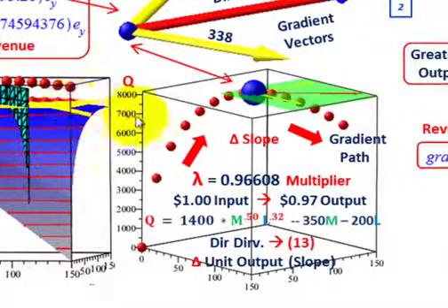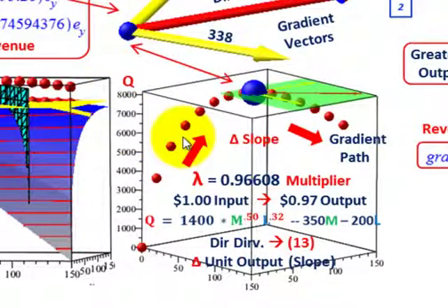Okay, so moving over here, let's get an idea of what we're going to be looking at in our calculations. What I'm showing here is this gradient path. It's these little round spheres going up. And this big blue dot, or sphere, is our solution that we came up with. The key is that with the solution we have based on our constraint, we're really maximizing our profit at this point.